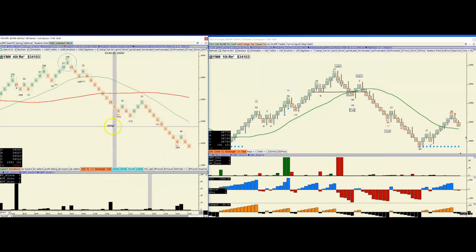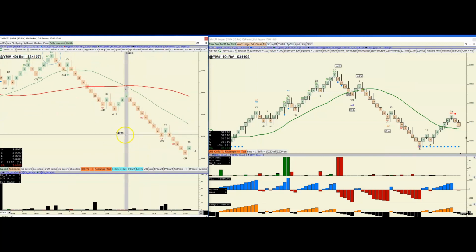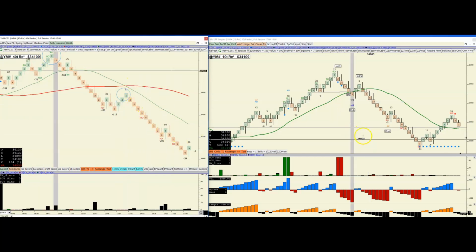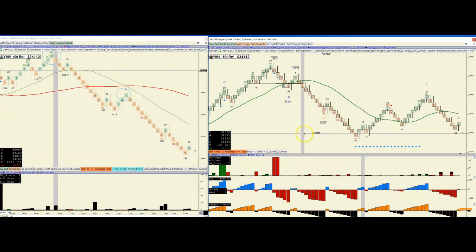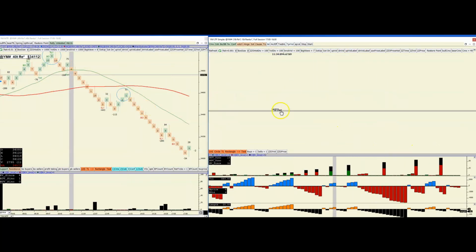All right, so I've covered, maybe I'll cover this one as well. If it's clear, let me see. So I'll cover that pullback, that upthrust here, and see what were the key behaviors.